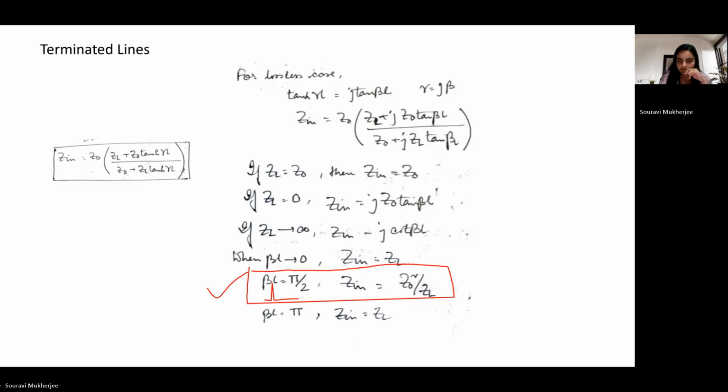Short circuited means this is the condition, right? And there it's a short circuit. That means ZL is 0. So if ZL goes to 0, what does this tell us? What should Zin be? It should go to infinity, right?